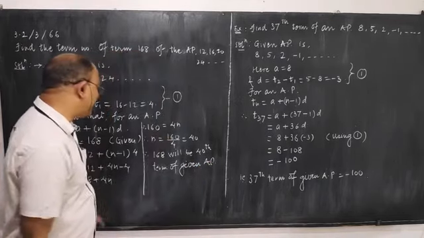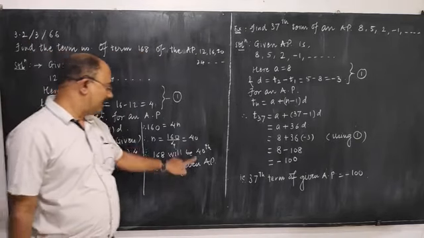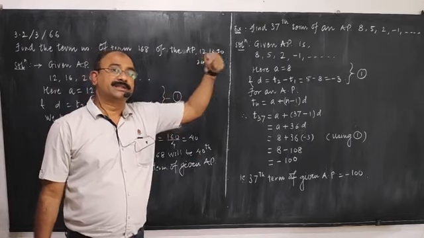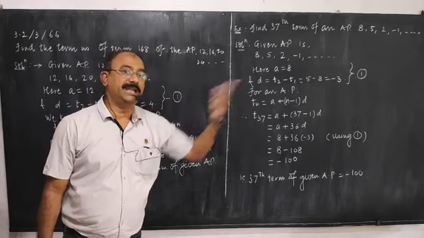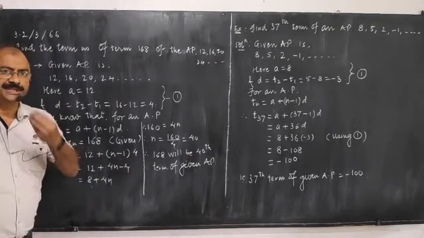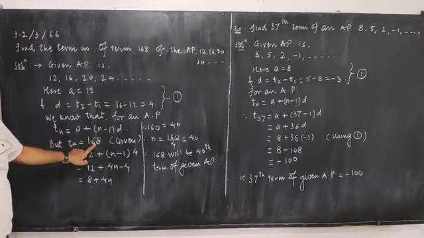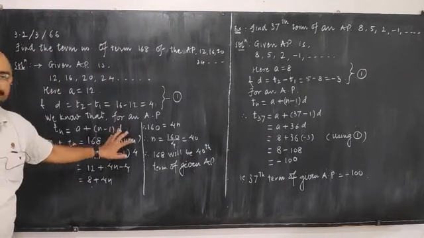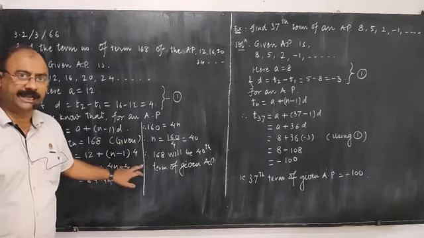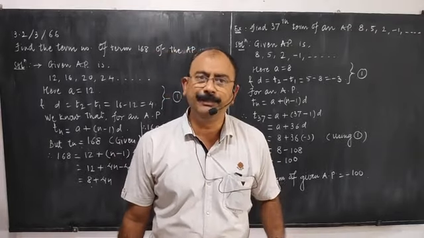You were given a term of the AP and you found the term number, that is, at which position this term 168 will come. It will come at the 40th position. So what change do you have to make? In place of Tn, you put the given term and just simplify. Tn is given, put the values of a and d, and you will automatically get the value of n. So it is again a simple example.